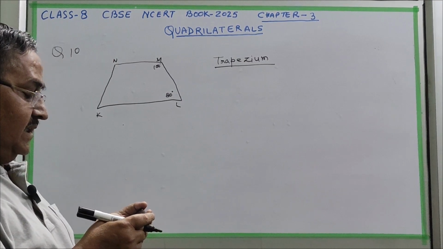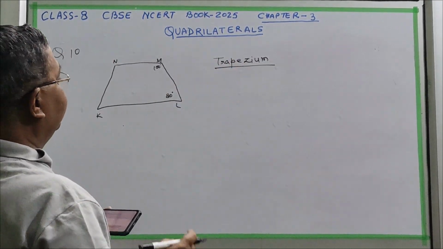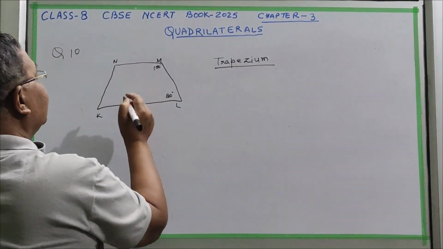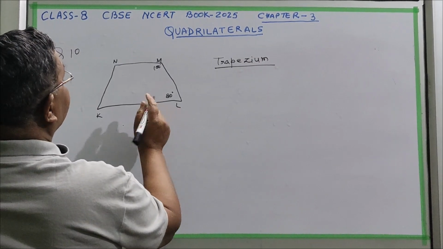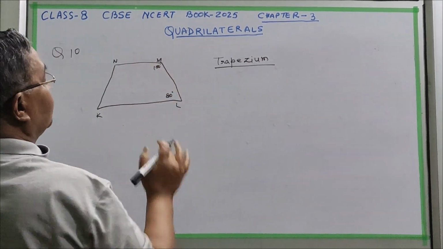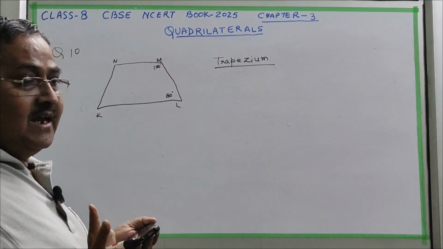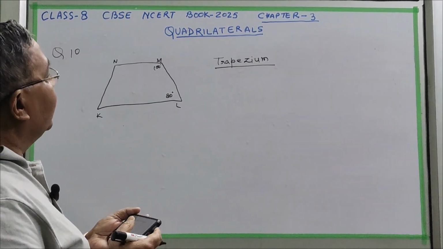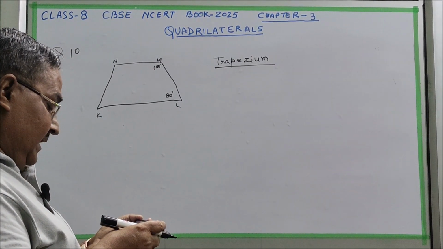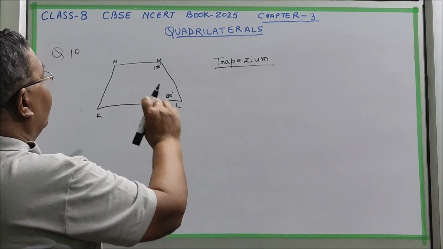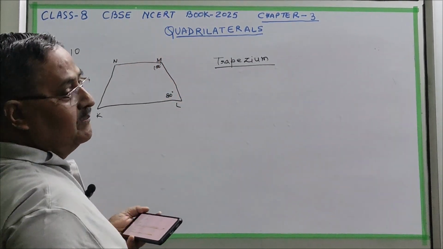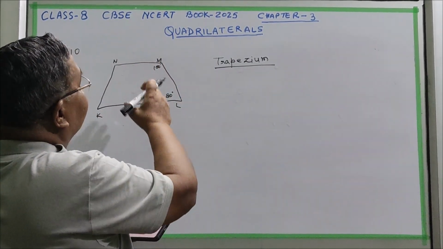So explain here, this is a trapezium. Trapezium means at least two lines should be parallel. Means KL and NM should be parallel. If two lines are parallel in a quadrilateral, it can be a trapezium. But here you have to prove that this line is parallel. We can see, but we have to prove.